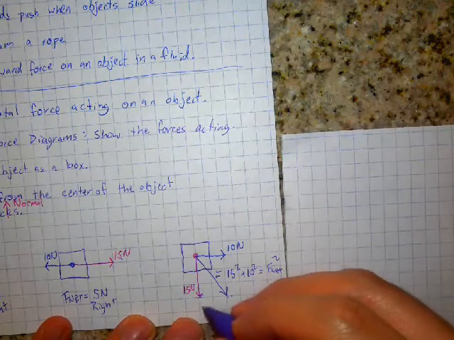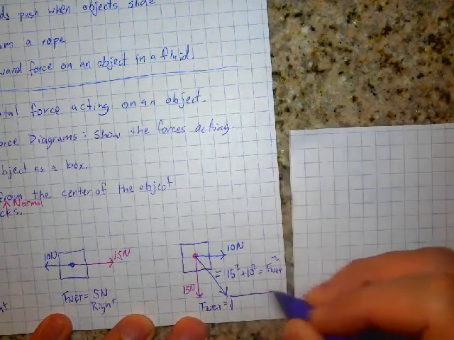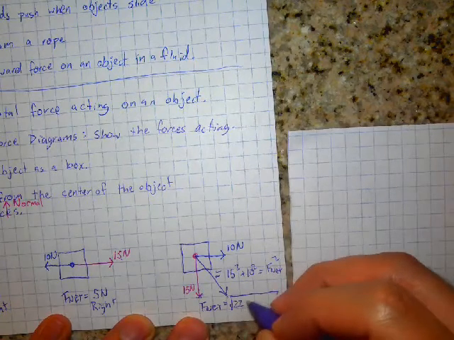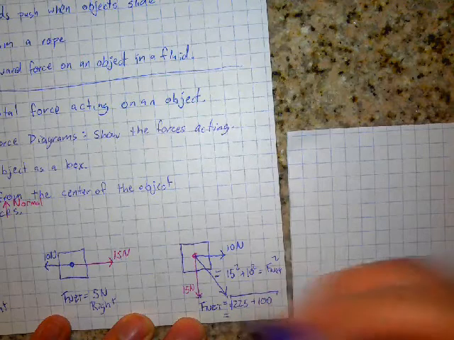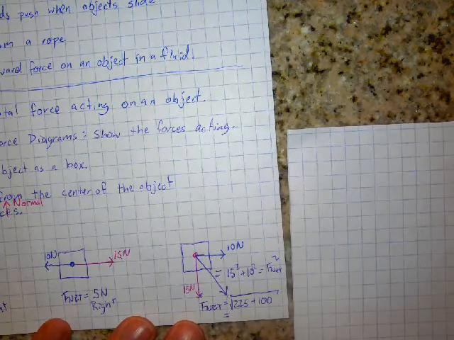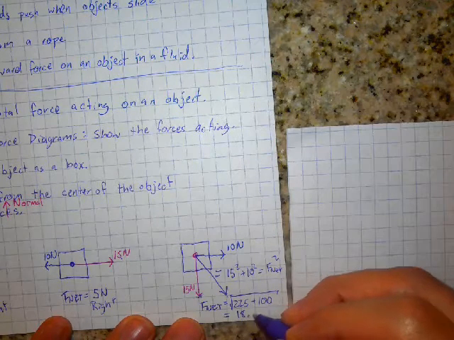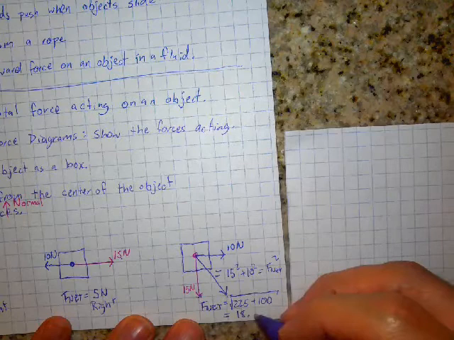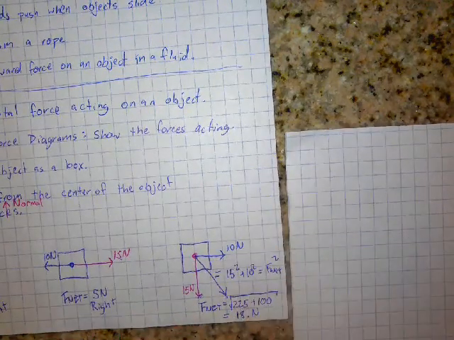So to find what F net is, I would do the square root of 15 squared is 225, 10 squared is 100. So the square root of 325, and that's going to get me like 18 and some change newtons. And that's going to be acting down to the left.